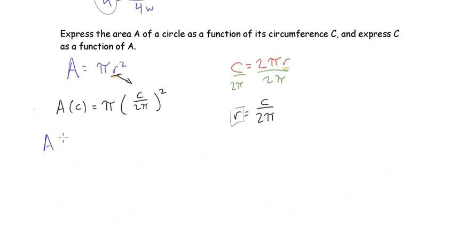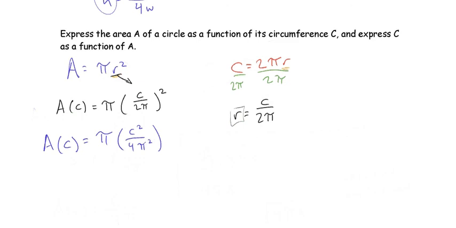So A of C is equal to pi times C divided by 2 pi, squared, which is going to give us C squared divided by 4 pi squared.